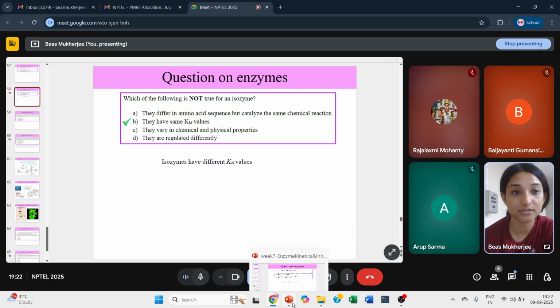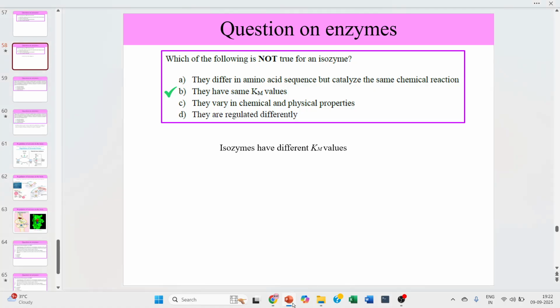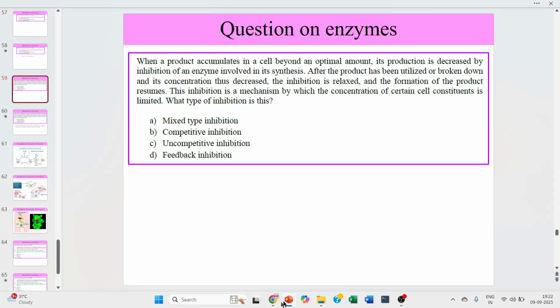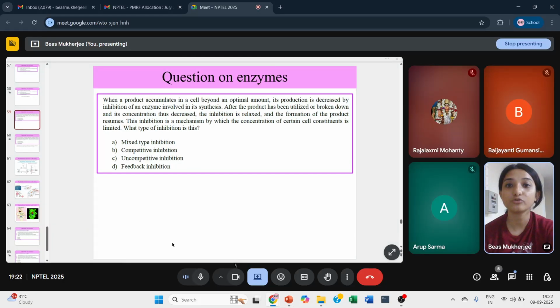We'll go to the next slide. So now there is one more question. When a product accumulates in a cell beyond an optimal amount, its production is decreased by inhibition of an enzyme involved in its synthesis.